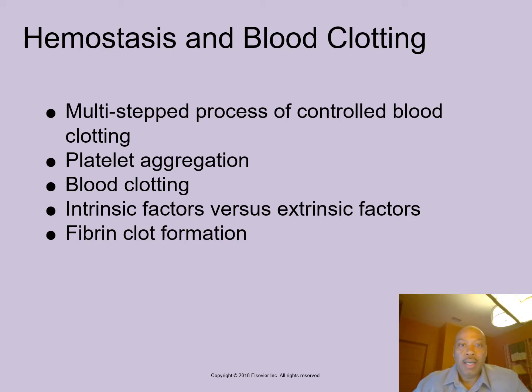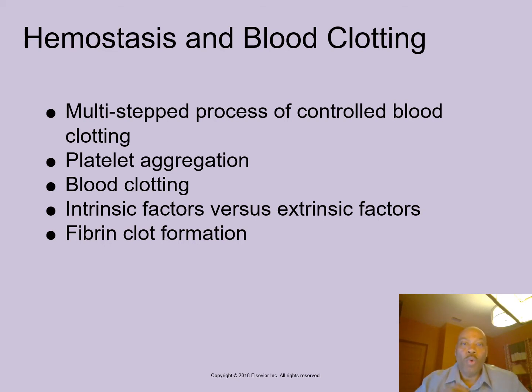Now, there are three sequential processes that lead to clotting. First, there must be platelet aggregation. When blood vessels are damaged, these platelets that are circulating singly throughout our blood system will begin to aggregate and form what is called a platelet plug.